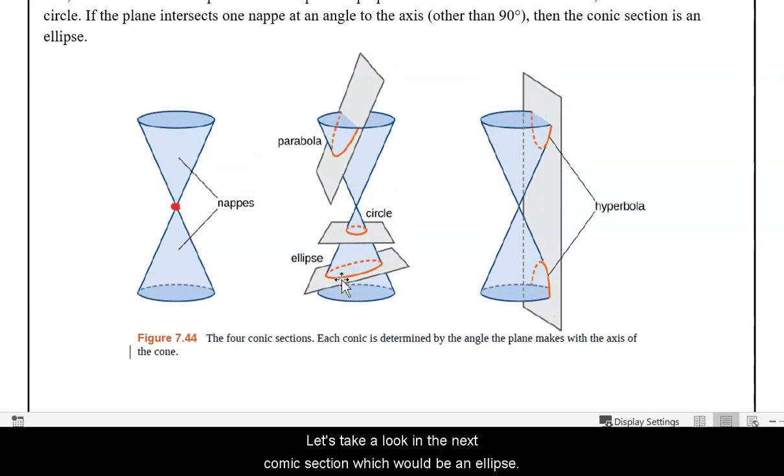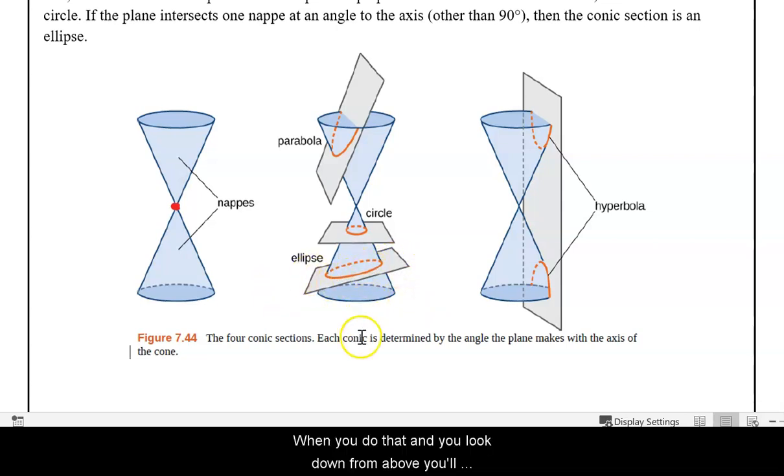Let's take a look at the next conic section, which would be an ellipse. You'll notice here that this, what looks like a piece of paper, but we can visualize as a guillotine, cutting through the cone, you can see it's at an angle. It's not parallel to the base that the bottom nap is sitting on. It's at an angle.